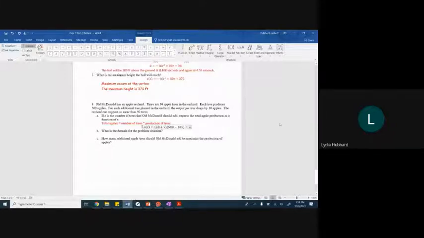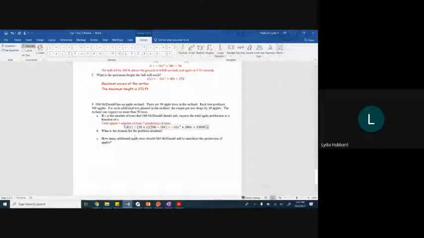We can either leave it like this, or if we did our little box method and distributed it out to get a function that looks pretty in standard form, we would get negative 10x squared plus 200x plus 15,000. Whew. And that would be our equation.